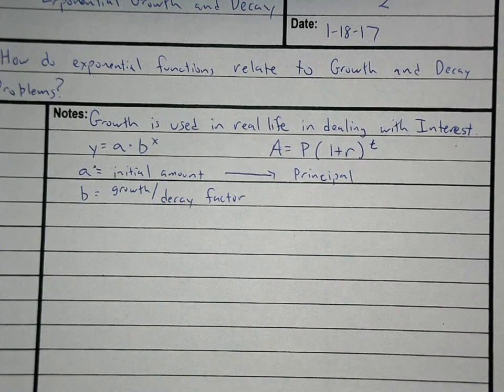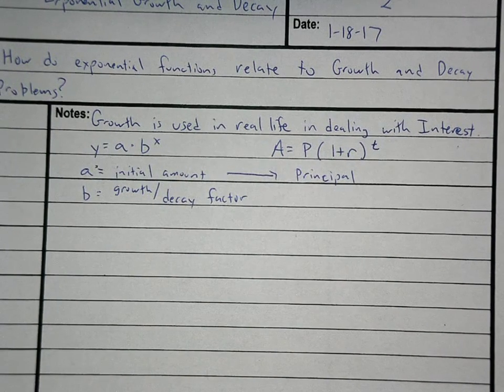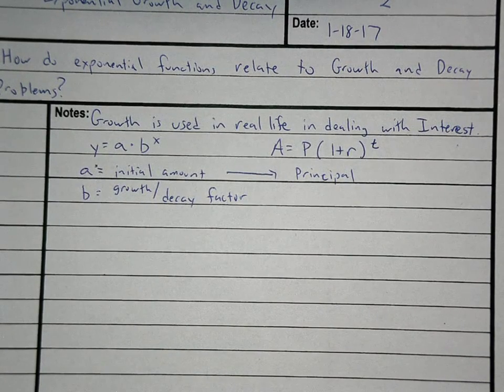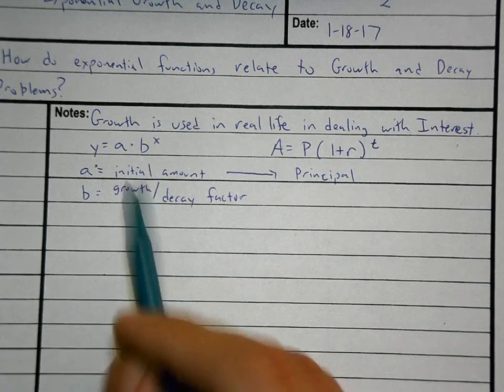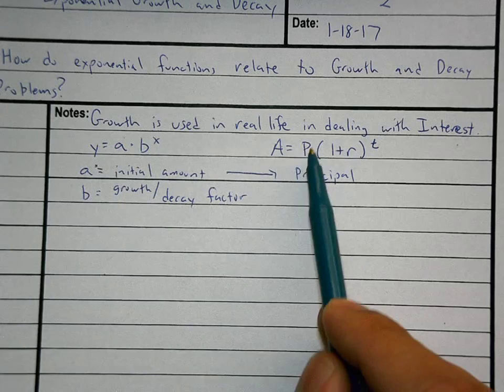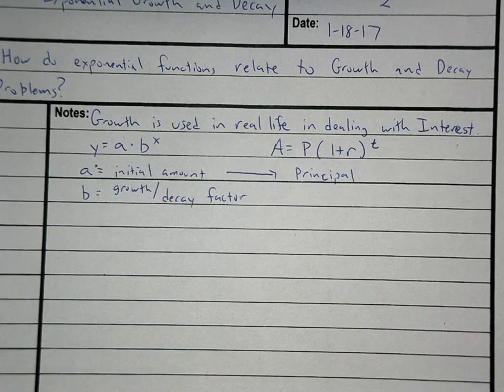I can buy a CD for $100, $1,000, or $10,000. It doesn't matter. You just have to have the money. Your initial amount is your principal. So this A here is the same thing as the P there in that formula.